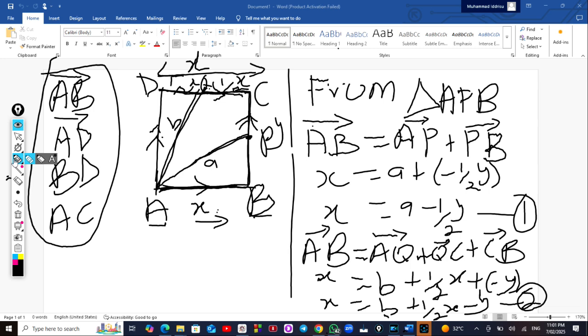So what do you observe between the two equations? You can see that X is equal to this, X is equal to this, but X is the same as this X, so we can equate the two equations. So we can say that equation 1 is equal to equation 2.